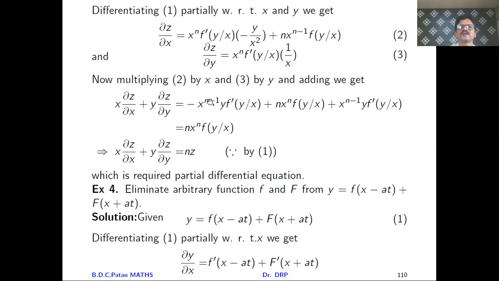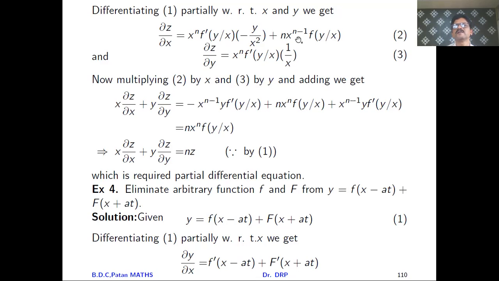This negative sign is taken here. This y is as it is here into f dash of y upon x. Plus, if you multiply this term by x, then n f of y upon x remains as it is. That is here n f of y upon x.